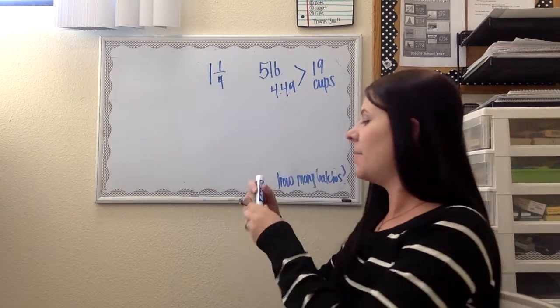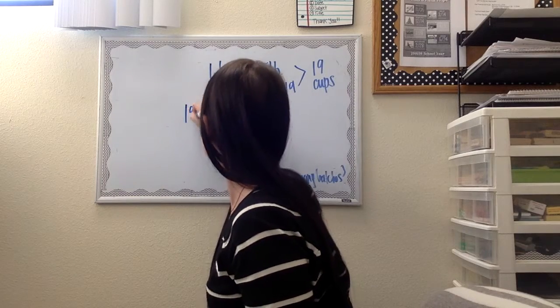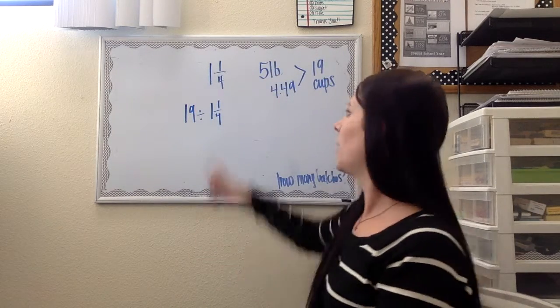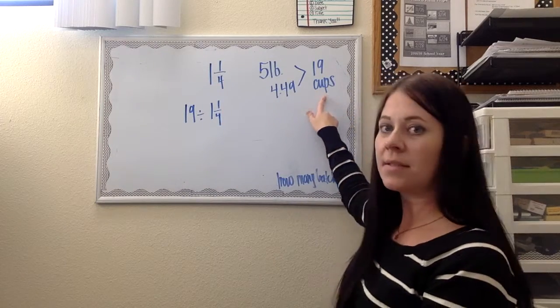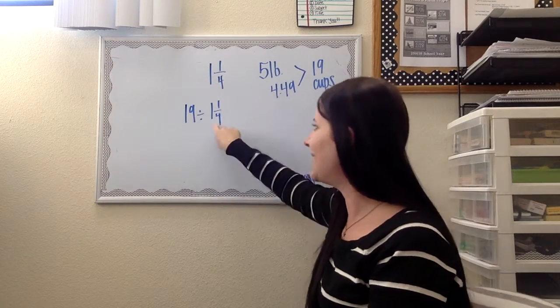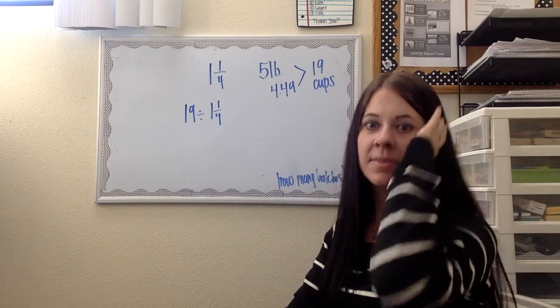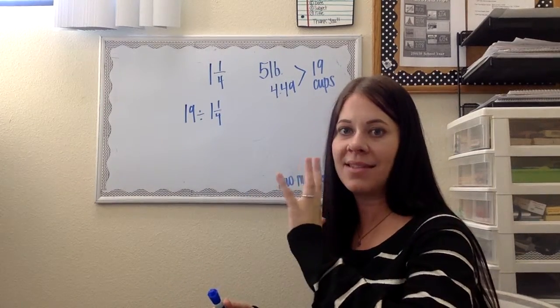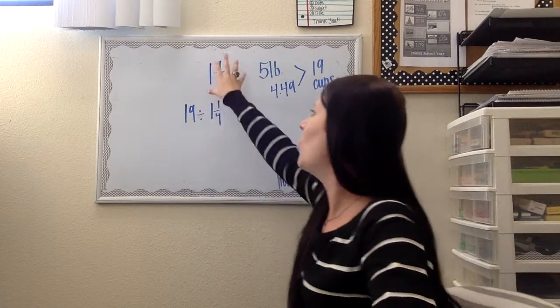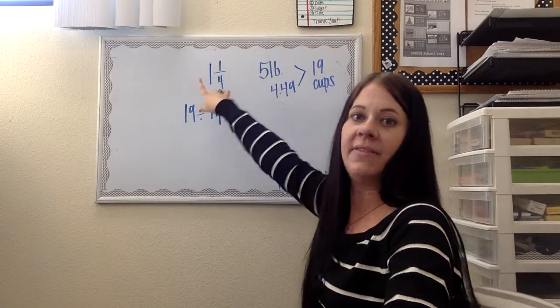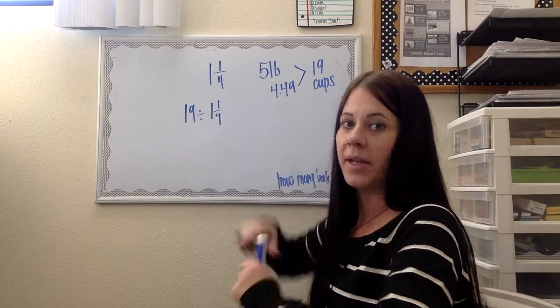So that means I'm doing 19 divided by 1 1/4. Because I want to put this into this, and that makes that one my second number. We've kind of seen that pattern in some of the other problems. So if you can say it as a sentence like that, how many 1 1/4 cups go into 19, then I know it's 19 divided by that. And that's the order I need to work with.